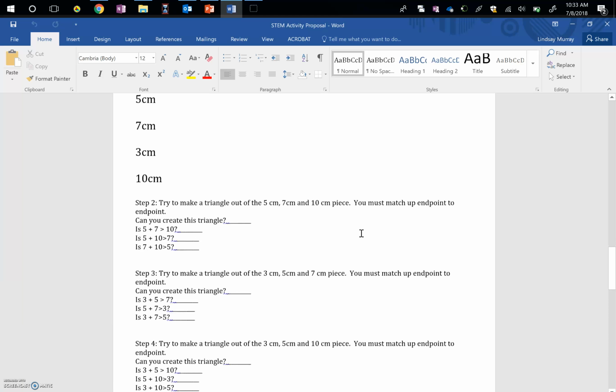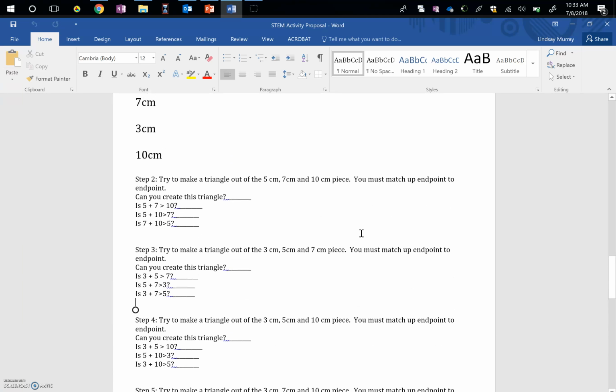And then before filling this out, they would try to make a triangle out of those given pieces. So using the 5 centimeter, the 7 centimeter, and the 10 centimeter, try to form a triangle matching endpoint to endpoint. And then this guides them through the inequalities. Since these are all true, they should be able to form a triangle given these different side lengths.